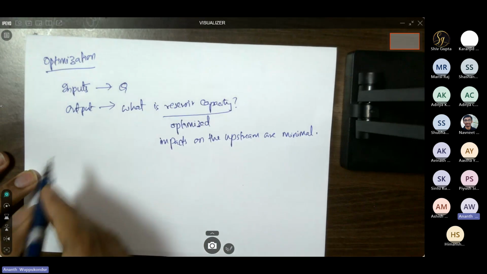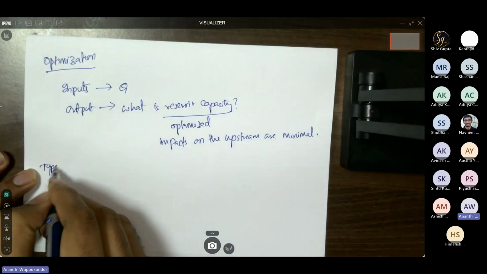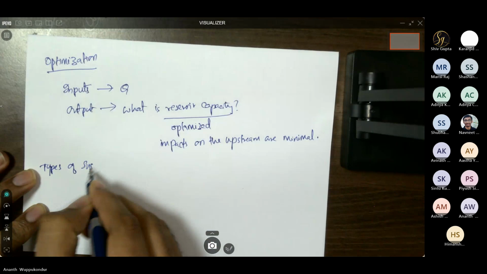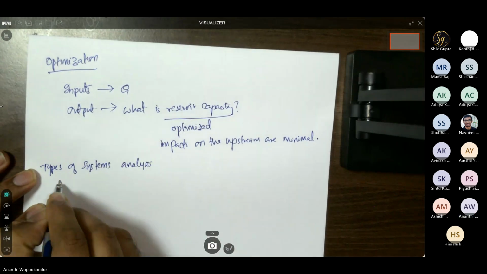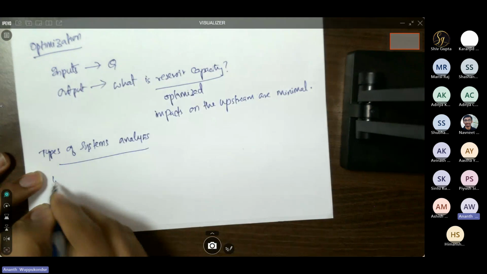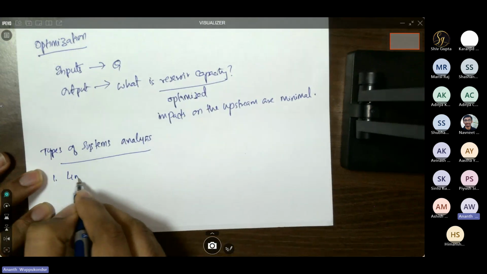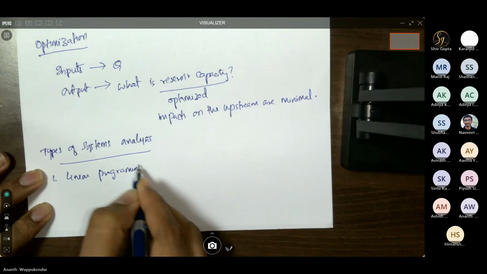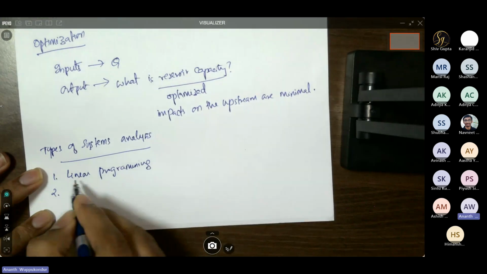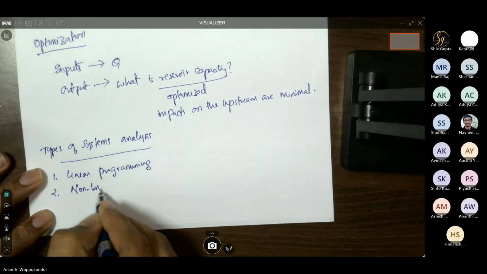We saw the types of systems analysis in the last lecture. One is linear programming. Second is nonlinear programming.